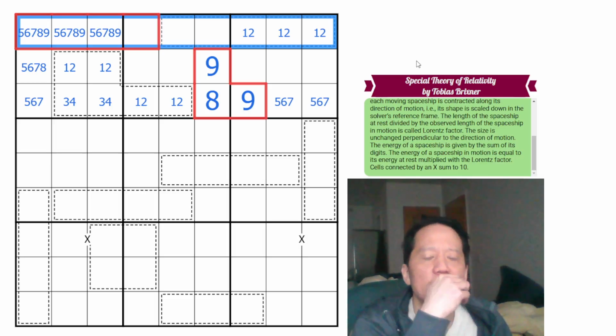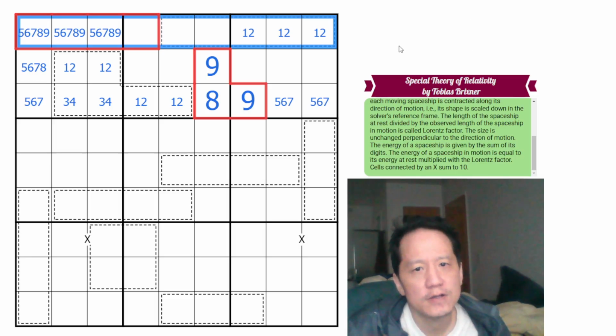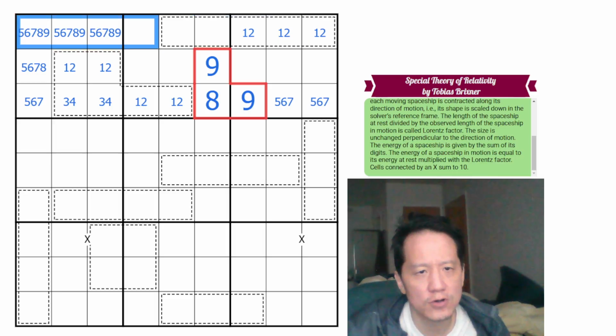Well, no, yeah. 45 divided by 4. Yeah, that doesn't work.